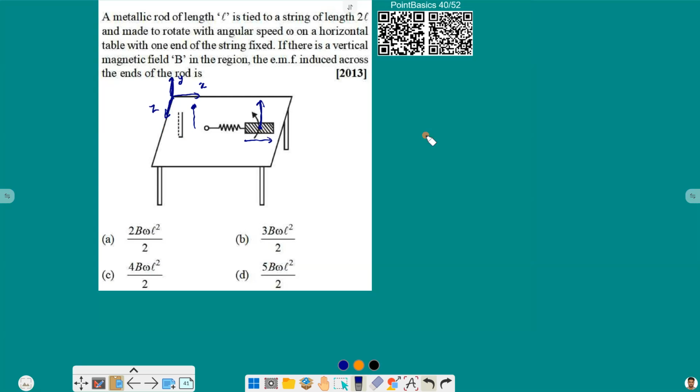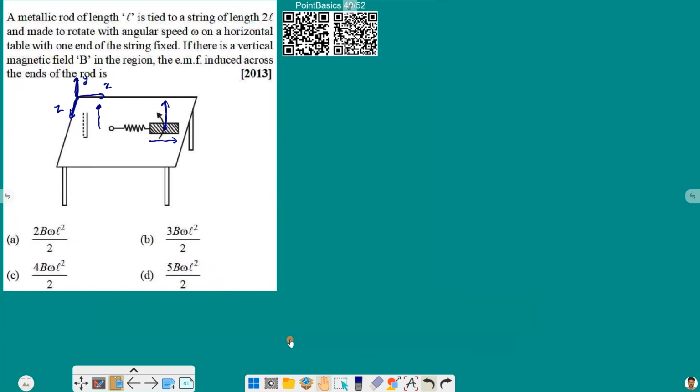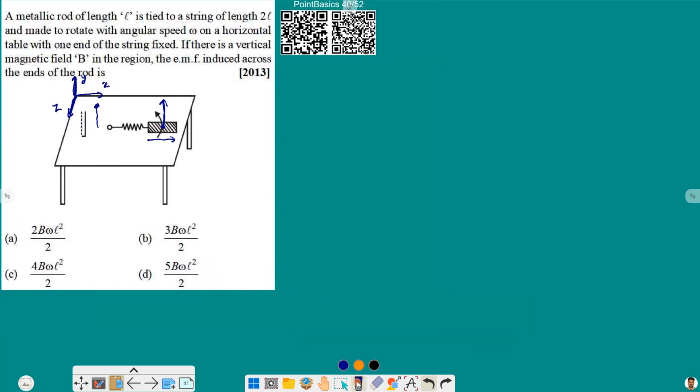So to solve this type of problem where we have a continuous body, we normally consider a small element. So suppose this is our rod, and we consider a small element of it of thickness dx at distance x from the center.